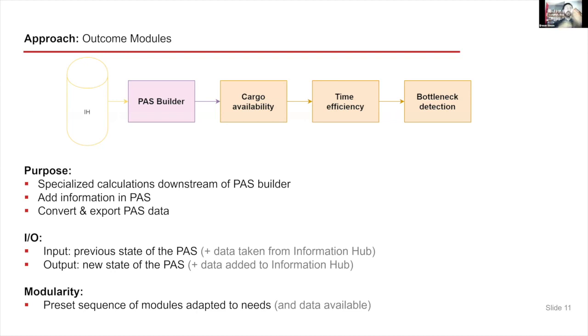It will filter some category of activity. It will make a zoom, and I will put this data back to the information hub. And you can also have a preset, ordered sequence of modules. Each module makes a little step in the progress to transform the raw data into information, and if possible, into actionable knowledge.